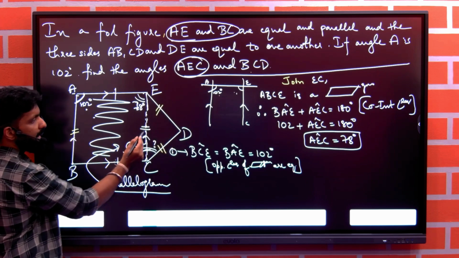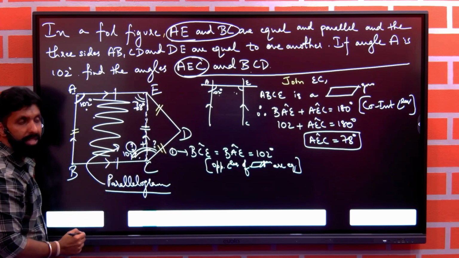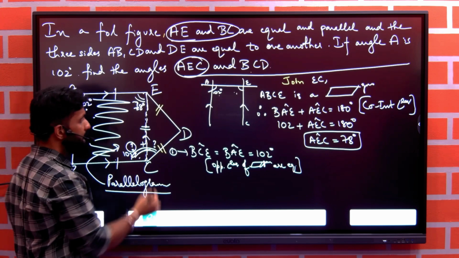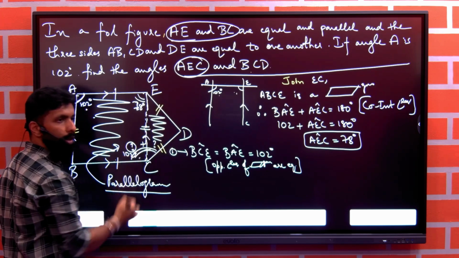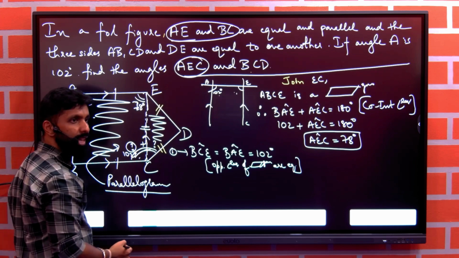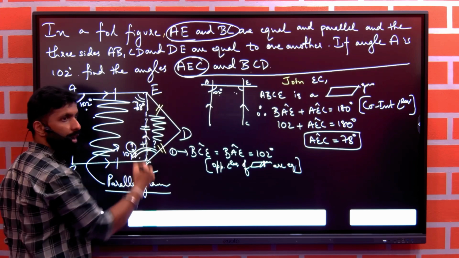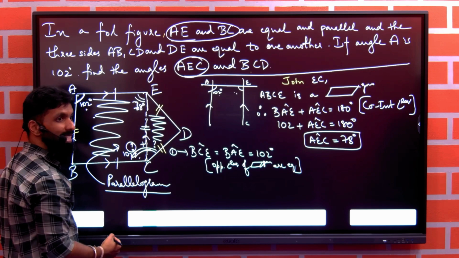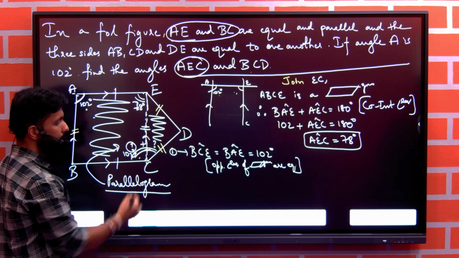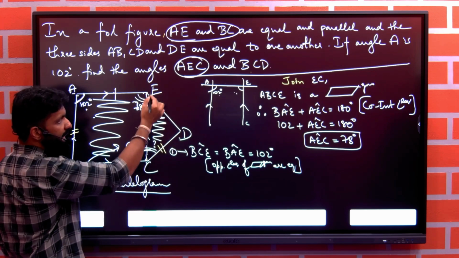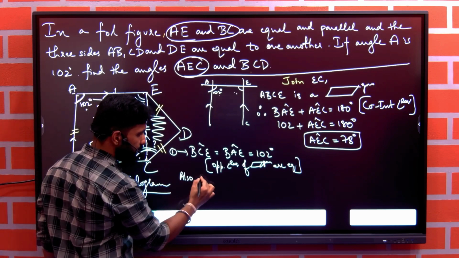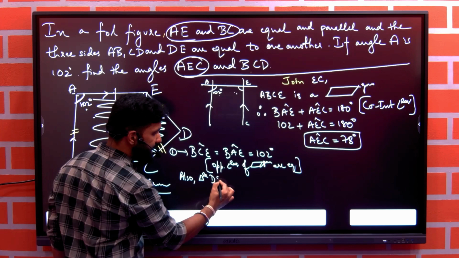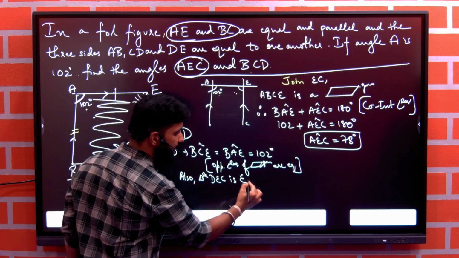This side became equal to this side because opposite sides of a parallelogram are equal. Now, if you talk about this triangle, can you see all three sides are equal? If all three sides are equal, what type of triangle is it called? It's called an equilateral triangle. So triangle DEC is equilateral.